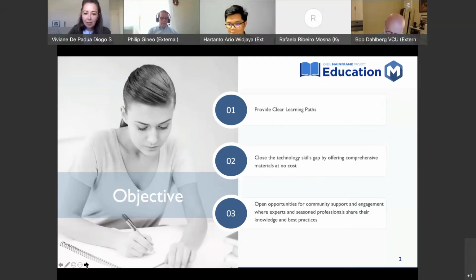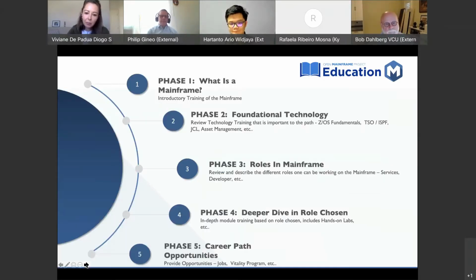In the next chart, I would like to quickly share with you the key phases we have in this project. As you can see here, we have 5 phases. Initial content about the mainframe, all of them foundation information around what the mainframe is, where you can start, and what existing education is available in the market.